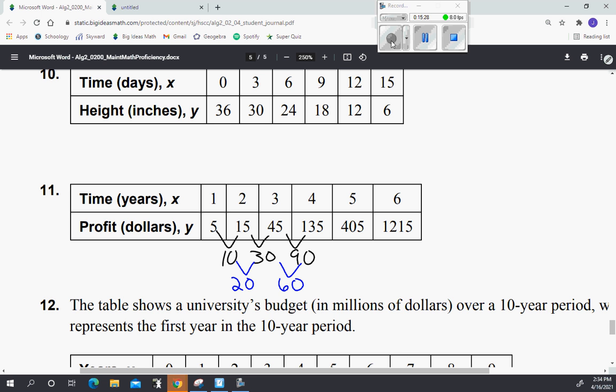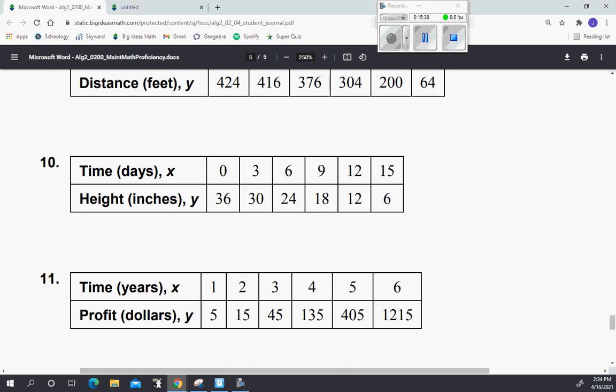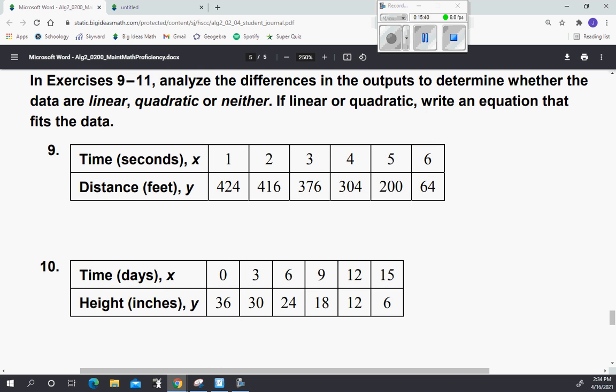It's not the same, so it's not a linear graph. My second level difference is not the same, so I know it's not a quadratic. This one is neither. So I determined whether they're quadratic, linear, or neither. If linear or quadratic, write an equation that fits the data. This is where it's going to get a little difficult.